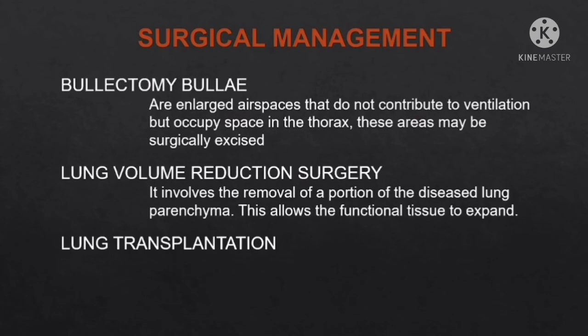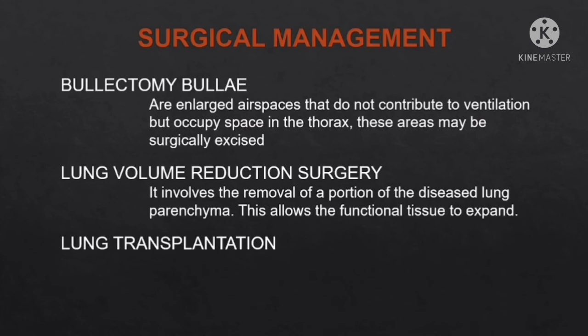Now for the surgical management, we have the bullectomy, bullae are enlarged airspaces that do not contribute to ventilation but occupy space in the thorax. This area may be surgically excised.